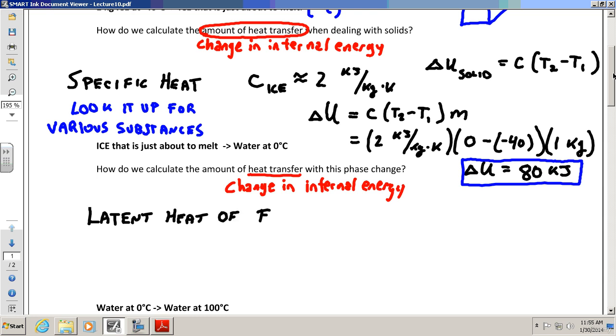And again, you look it up. It's called the latent heat of fusion. It's basically the amount of energy to melt the ice, the amount of energy to turn a solid into a liquid.